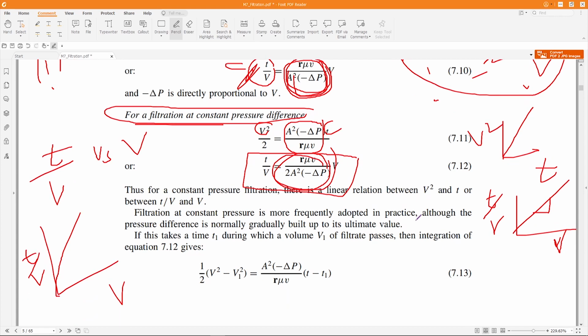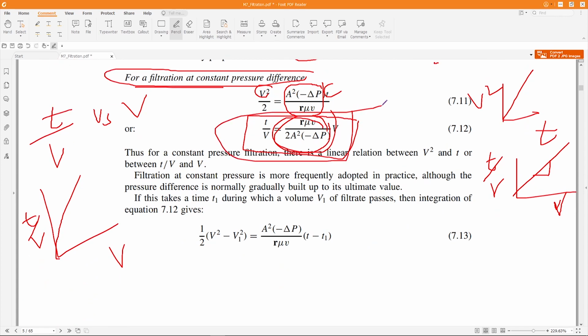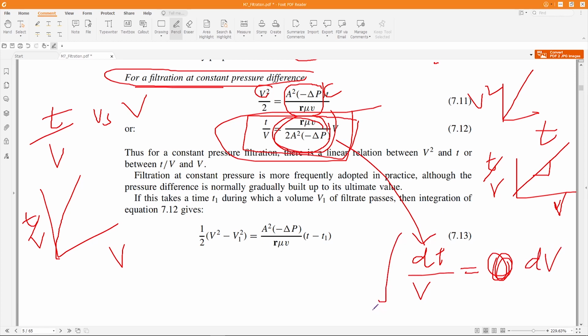Okay. Now let's integrate this equation. If you write it in differential terms, this equation is nothing but dt by dV equal to this term. If you integrate between T1, let's say after T1 time, V1 volume of filtrate is collected, and any volume of filtrate or any time T, you'll get this.